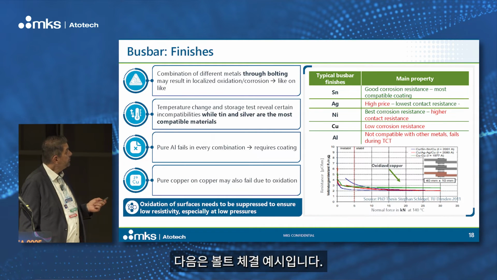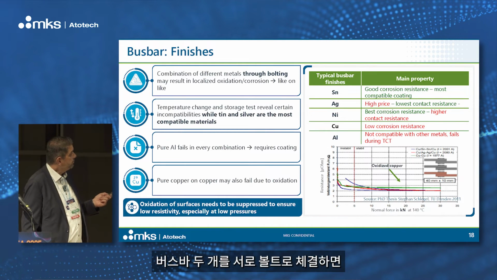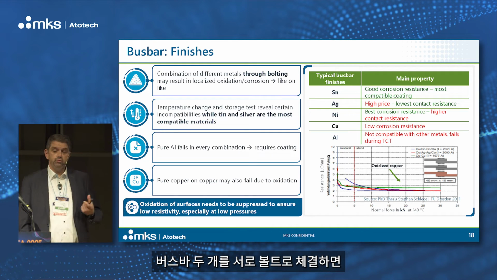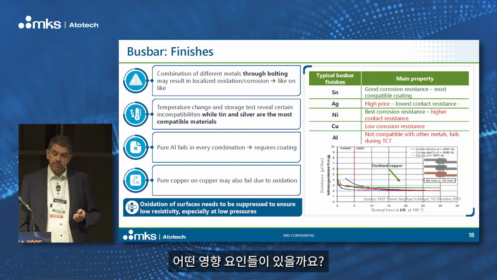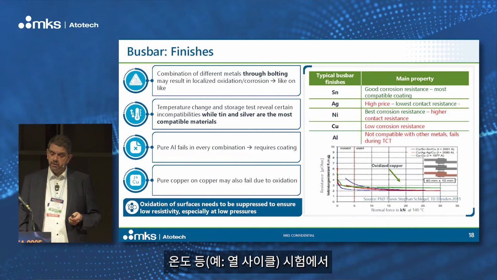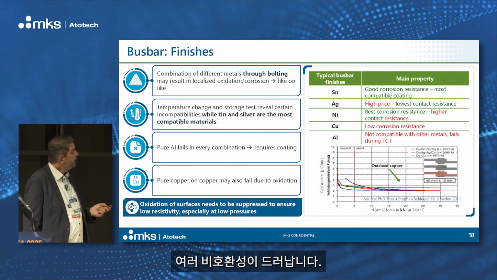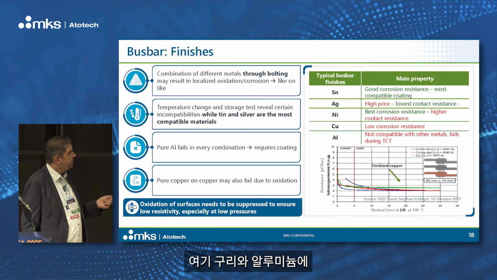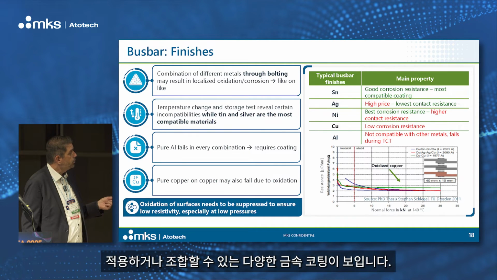Yes, here's the example for bolting. If I bolt 2 of these bus bars together, what are the influences? Temperature and stress testing reveal different incompatibilities. You see here the different metals we can combine or coat on copper and aluminum.